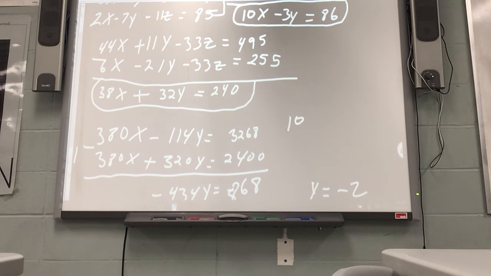So we have 10x minus 3 times negative 2 equals 86. Negative 3 times negative 2 is a positive 6. So we subtract our 6, get 10x equals 80, and then divide by 10, and x would be 8.